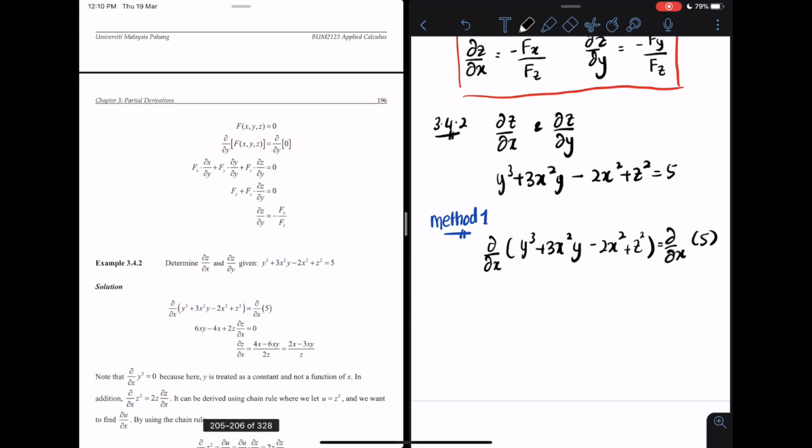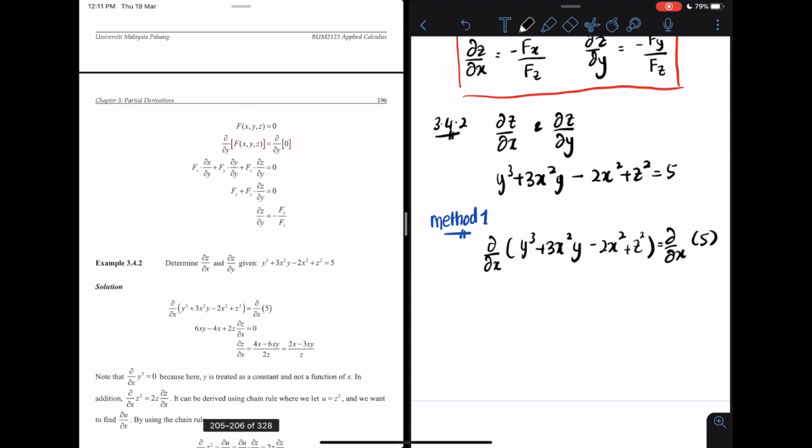So right now you have to make up your mind. When the question asks you to determine del z del x, any variable that is not related to z and x, you will treat as a constant when you use the implicit method. So in this case, I will treat y as a constant, and at the same time I have to realize z is a function of variables x and y.